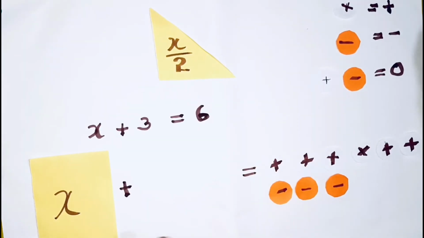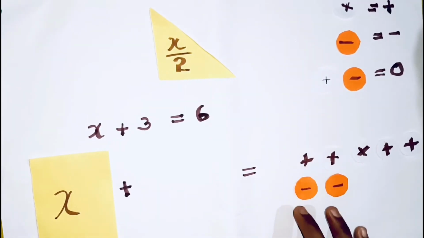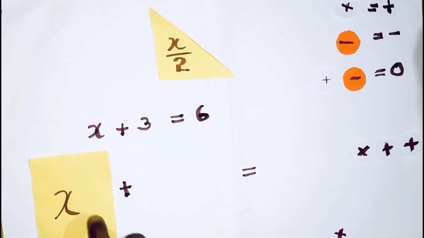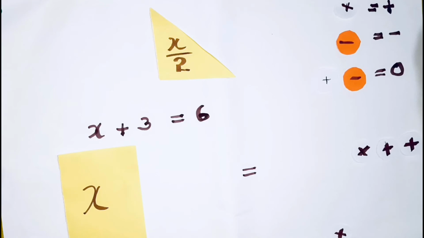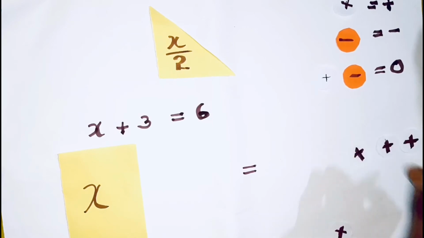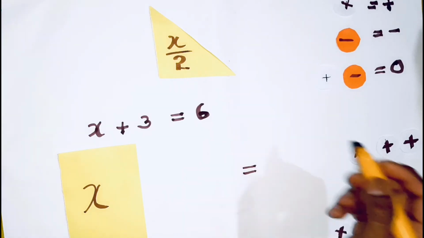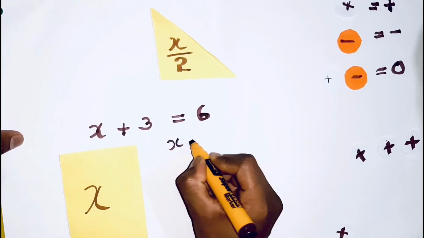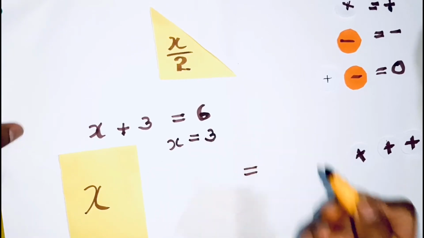This becomes 0. This pair also becomes 0. So x is equal to how much? 3. You got it? So we found that x is equal to 3.